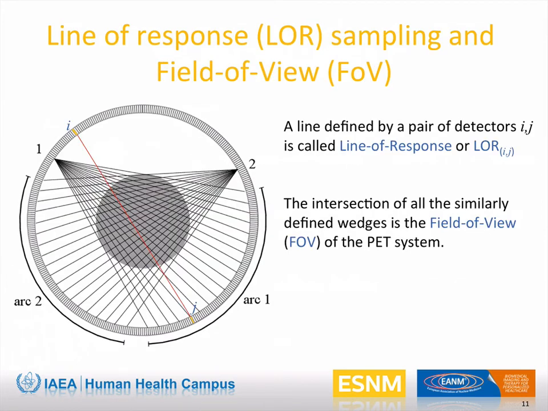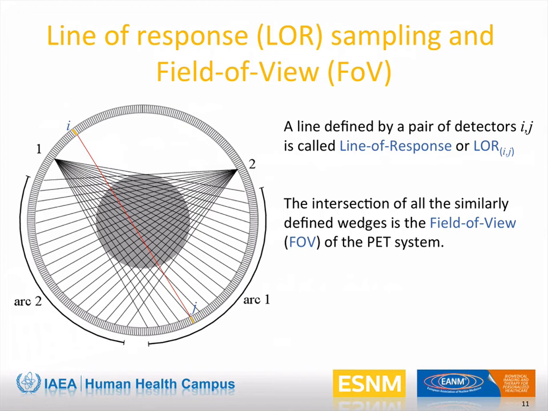A PET system is usually composed of a number of detectors surrounding the patient. These detectors have finite size, and it is not possible to infinitely sample the space for obtaining the projections. So it is necessary to define lines of possible combination of detectors.